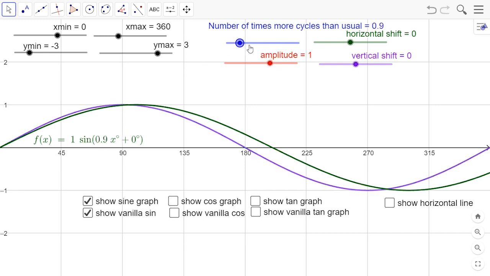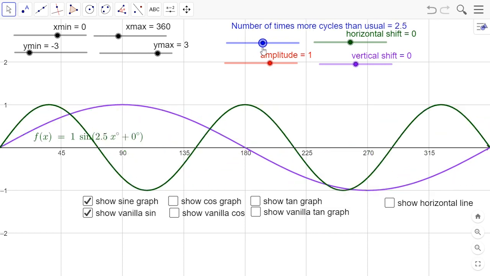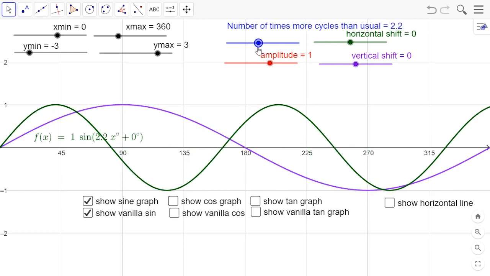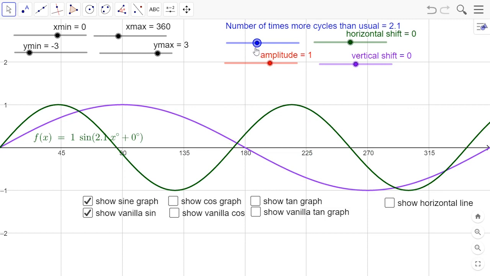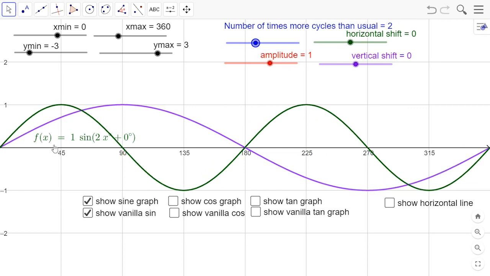So in other words, if I draw sine 2x, we'll see that at 45 the graph's already maxed, because double 45 is 90, and sine of 90 is 1. Normally, on the vanilla one, at 180 it's got back down to 0.